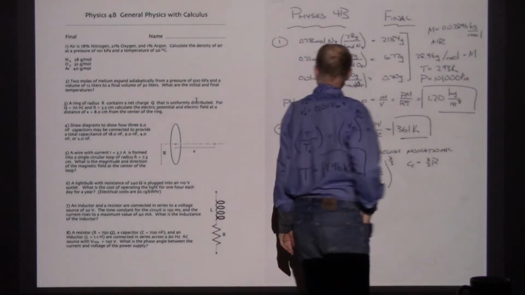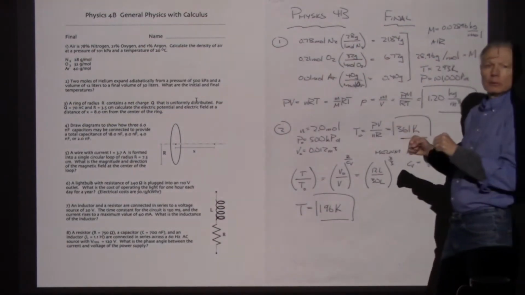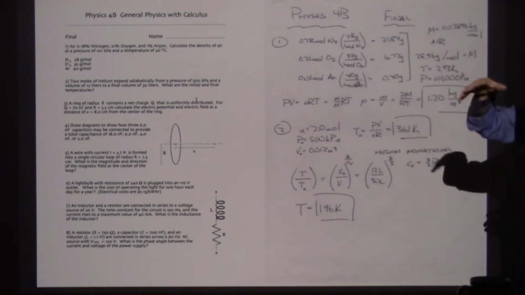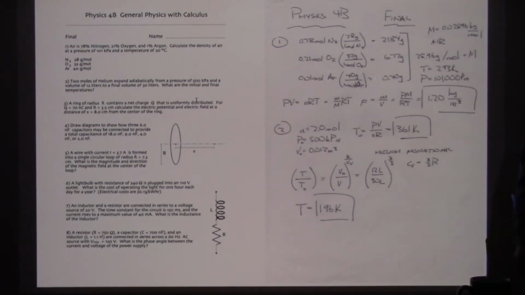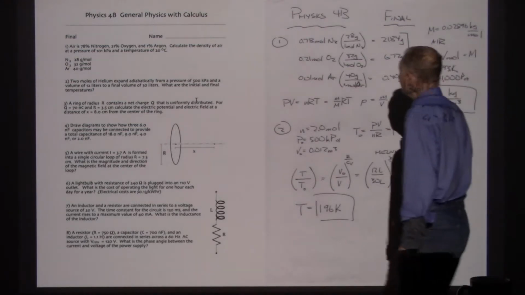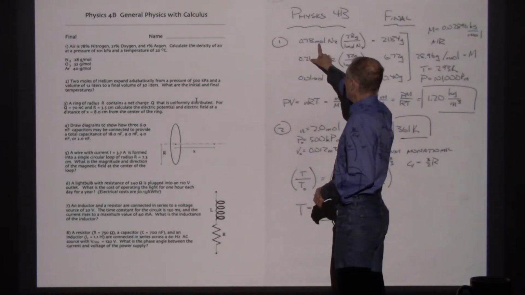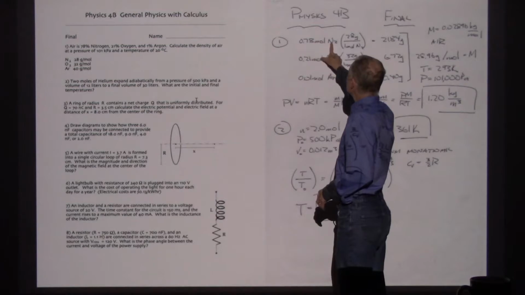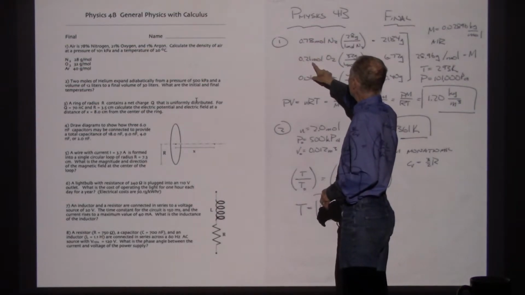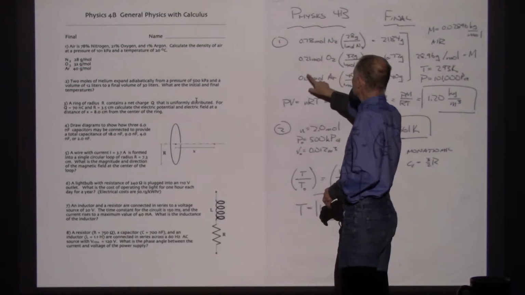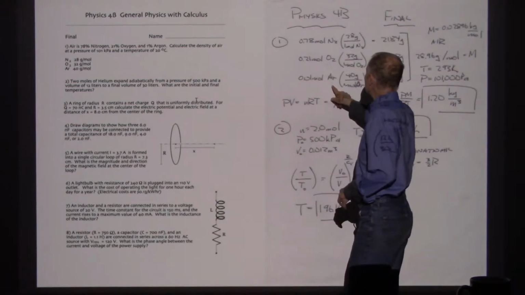So what we can do is say, if I took a mole of air as a sample, I count them out, 6.022 times 10 to the 23rd molecules of air, what I would find is that 0.78 moles of those would be N2, 0.21 moles would be O2, and 0.01 moles would be argon.